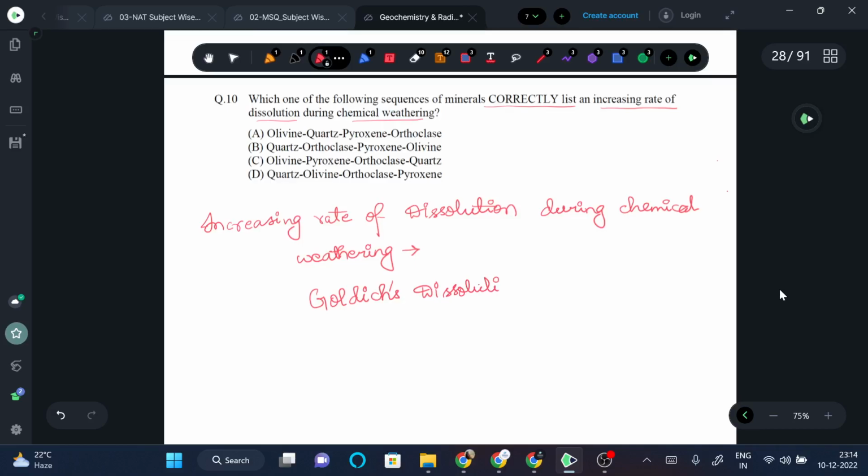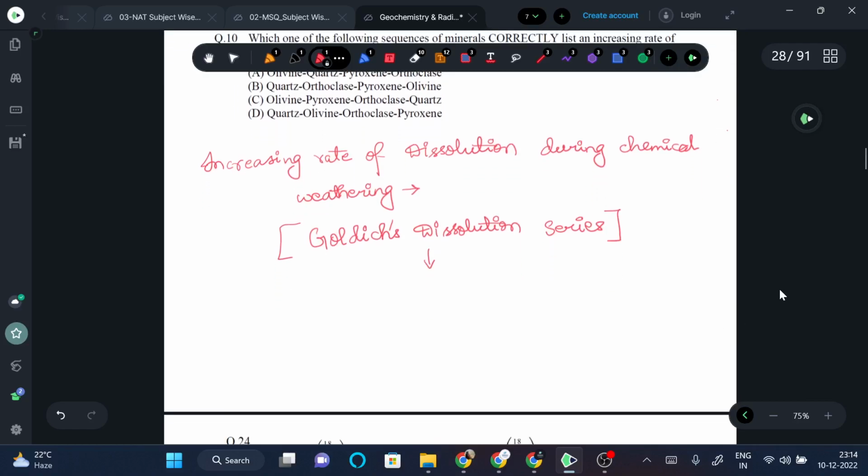Actually, the Goldich dissolution series is exactly the opposite of Bowen's reaction series. So it is not directly defined by Bowen's reaction series. It is defined by the Goldich dissolution series, which in turn is exactly opposite of Bowen's reaction series.